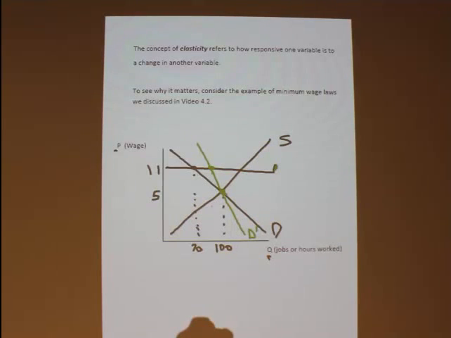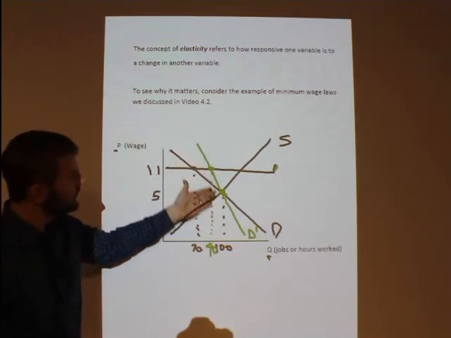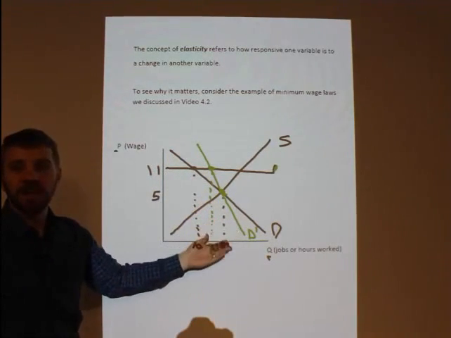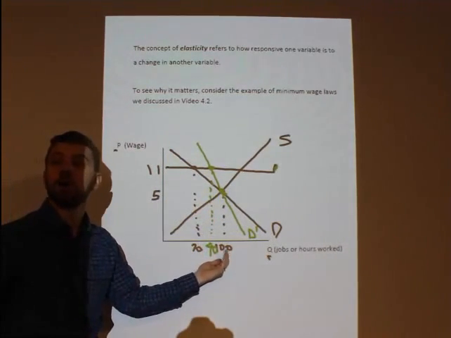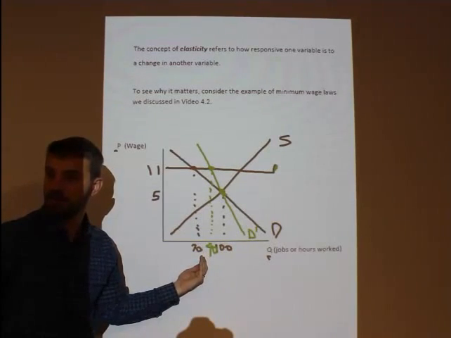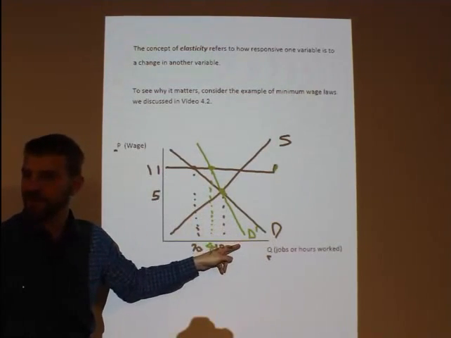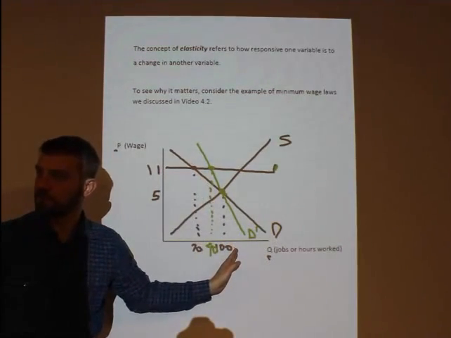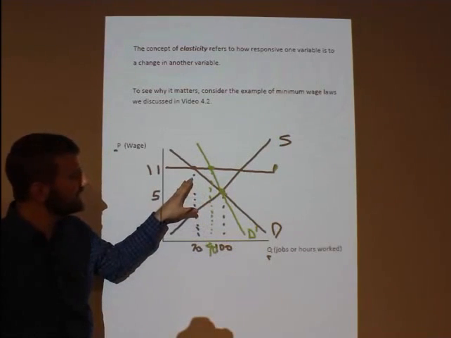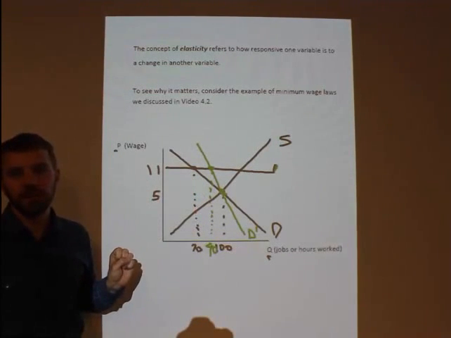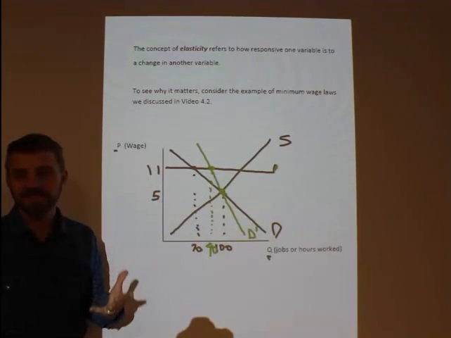It falls only maybe to, say, 90. So in other words, if the demand looks like this, then the minimum wage leads to a smaller loss in jobs, right? It's still a downward sloping demand curve, right? It's just steeper. And so this is a graphical depiction of elasticity.